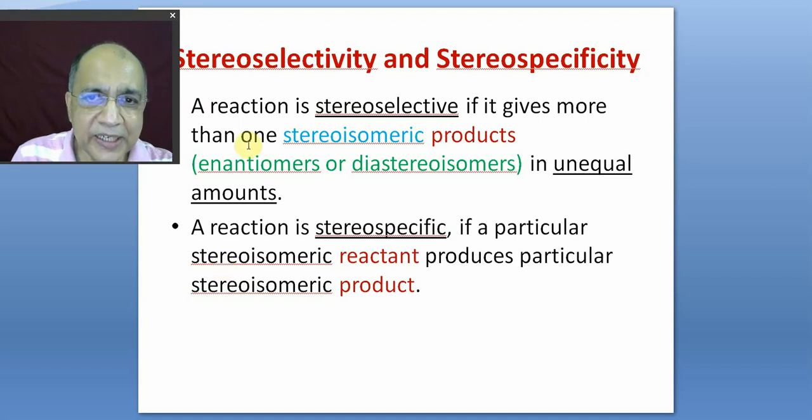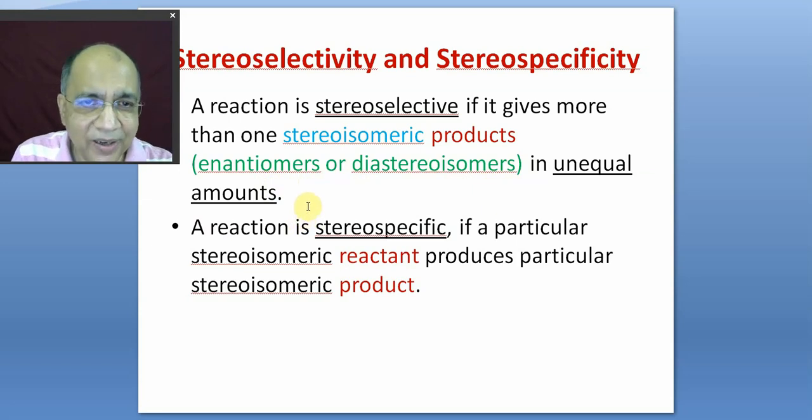A reaction is stereoselective if it gives more than one stereoisomeric product. It may be enantiomers. It gives both, but one of them in larger quantity. Or the two may be diastereoisomers, one of them in larger quantity, in unequal amounts.